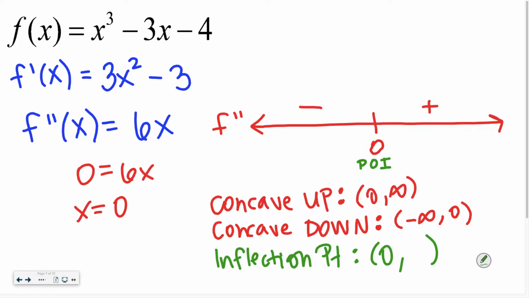If I want the actual coordinate, where do we throw 0? Into the original equation. So (0, -4) is our point of inflection, or our inflection point. I don't care what you call it.